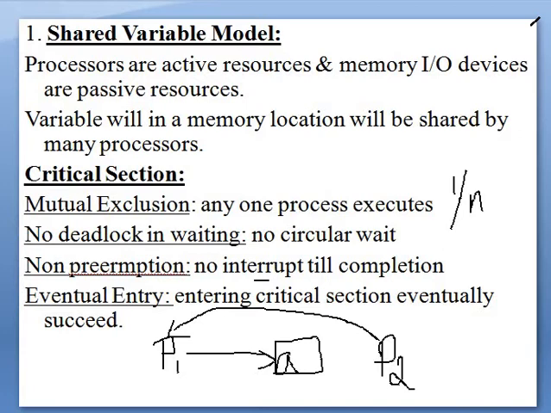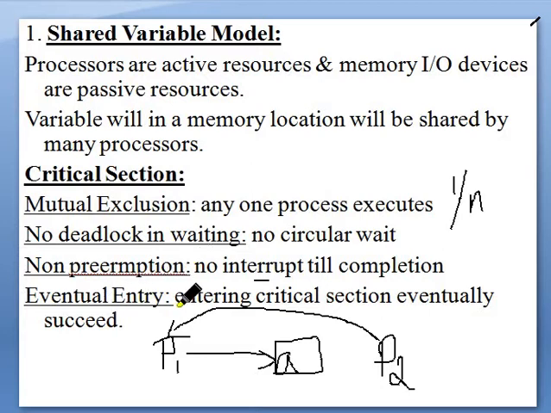If interrupts keep interrupting the completion of a process, no set of processes will complete, and they will not properly share the variable. We should take care of that possibility.